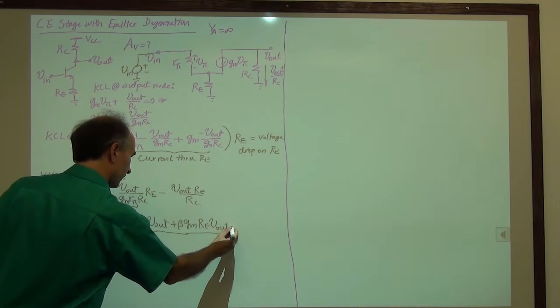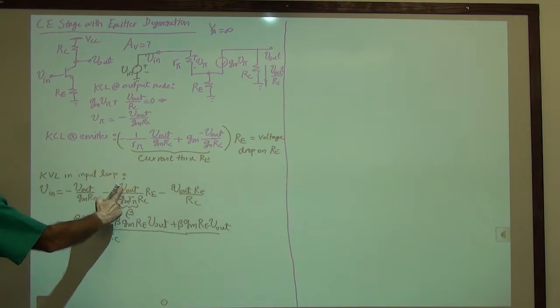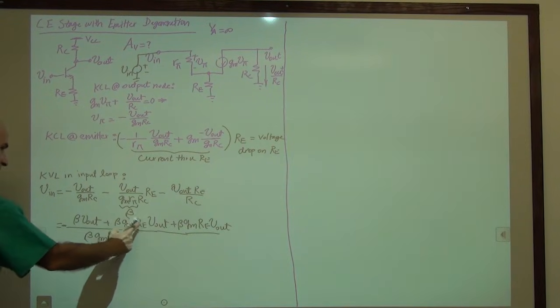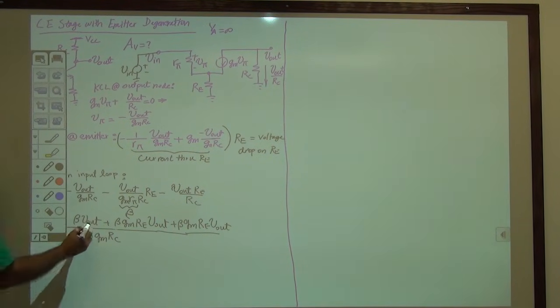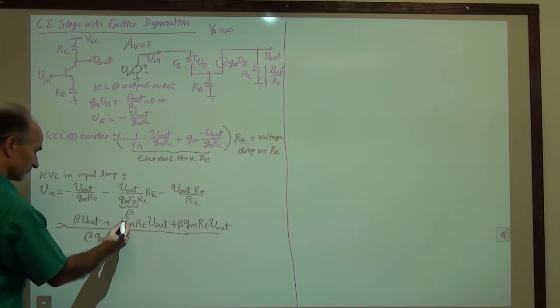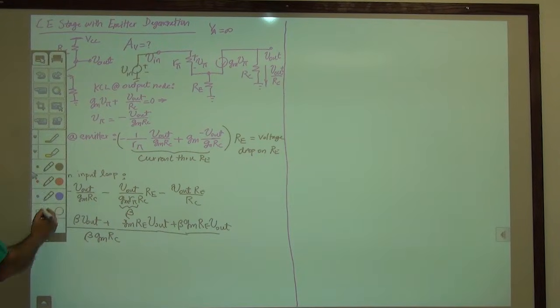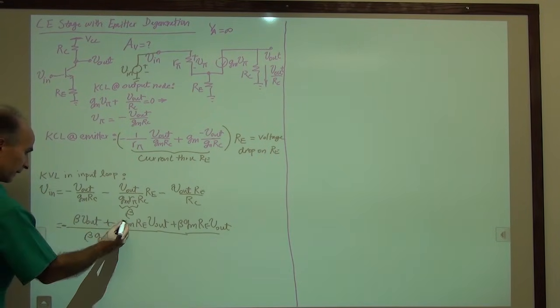Okay, I made a little mistake here. What goes in the numerator here is just GM RE V out, not beta. So let me erase this beta here and go back. Okay. All right, so that's what we have.